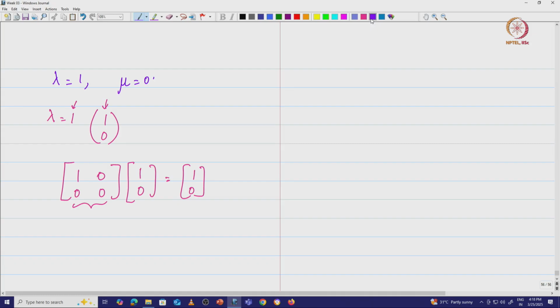Projection matrices are always symmetric. Now what about the other eigenvalue? We have mu equal to 0. Suppose I take this 1 0 0 0 and then I take 0 1, I am going to get 0 0.